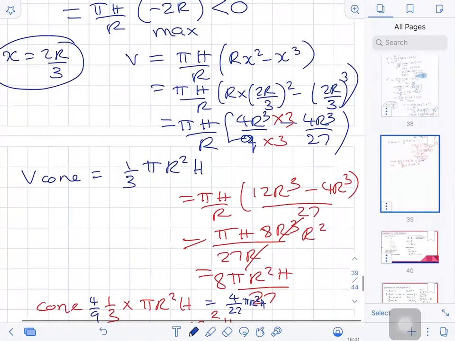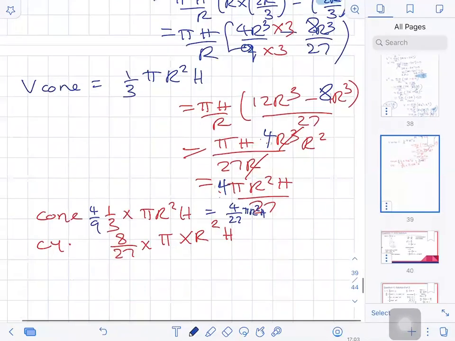Oh, I know why. Because that there, when you cube the 2, I should have got 8. So that's going to make that 8, so that's going to make that 4, which will make that one 4.